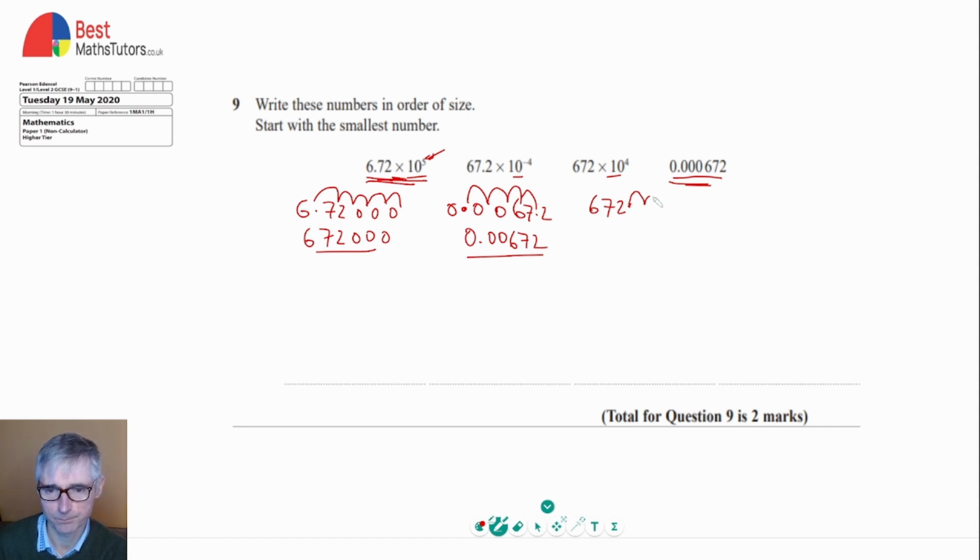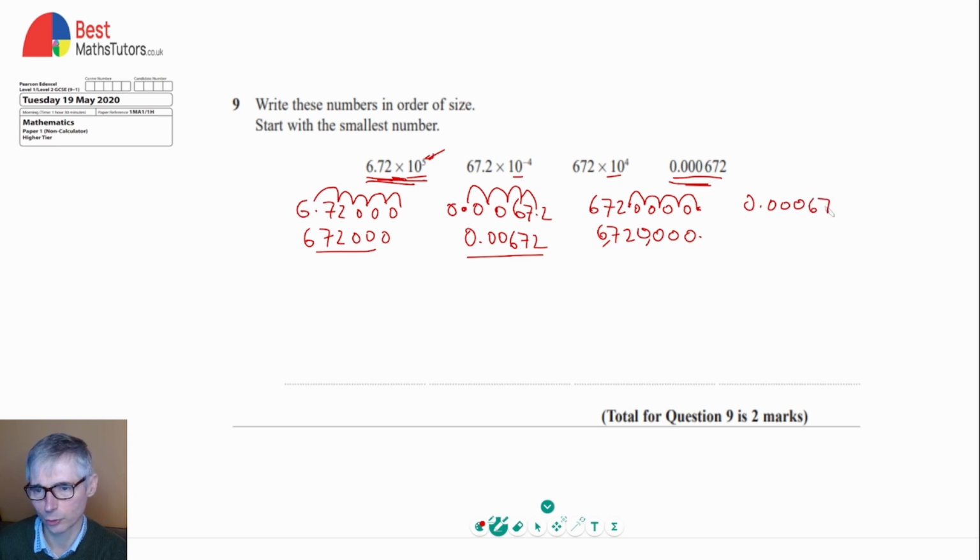So we're going to move 1, 2, 3, 4, and we're going to need to put zeros in place for the decimal point to jump over, and it ends up there. So this one is actually 6,720,000. If I put commas in, we've got 6,720,000.